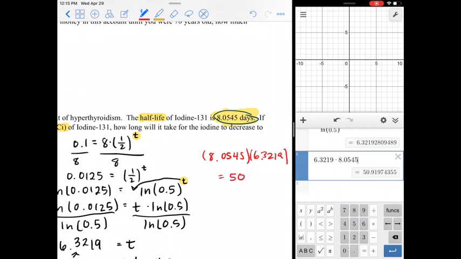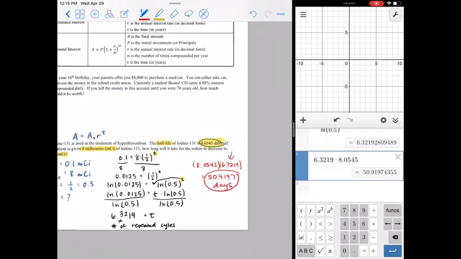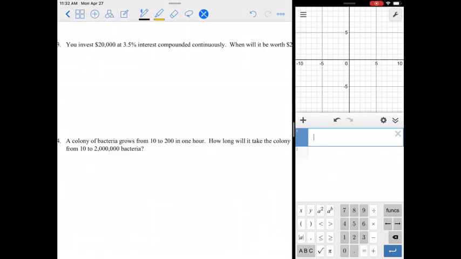It's going to take 50.9197 days. So it might take that many amount of cycles, but the total time in the unit of days is 50.9197 days. So now we're looking at number 3.